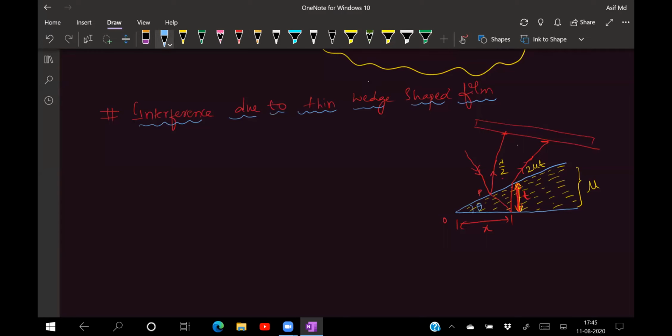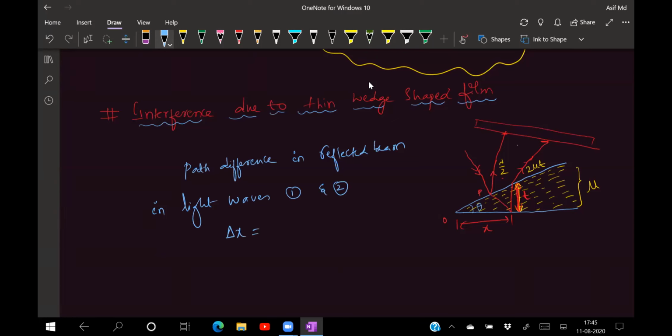So if I write the path difference in the reflected beam only, in light waves 1 and 2, what is the path difference?